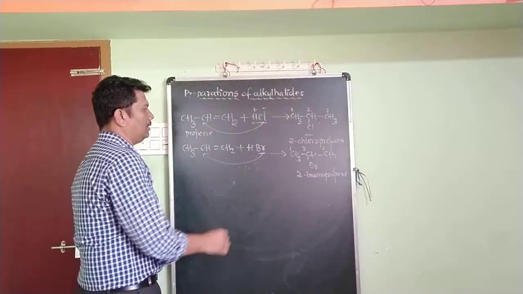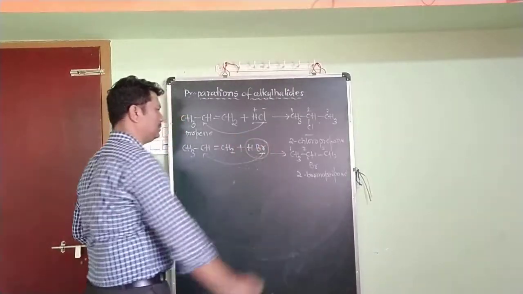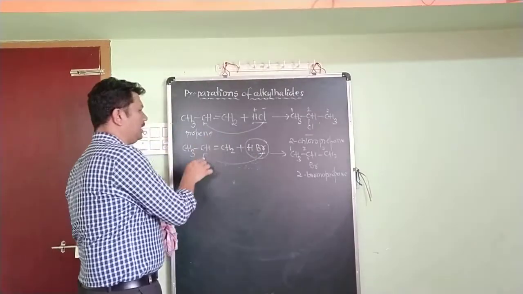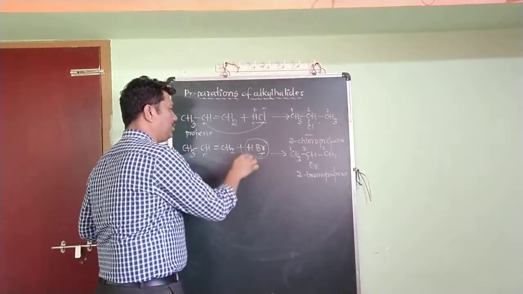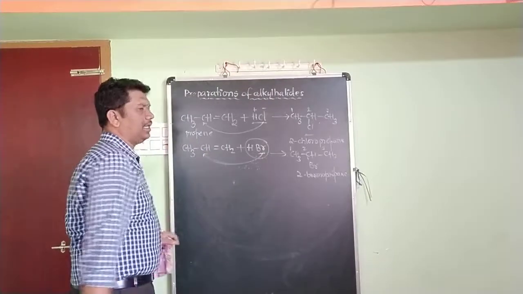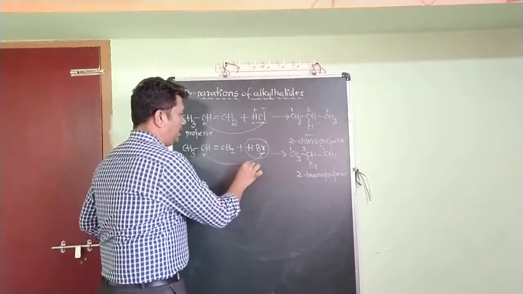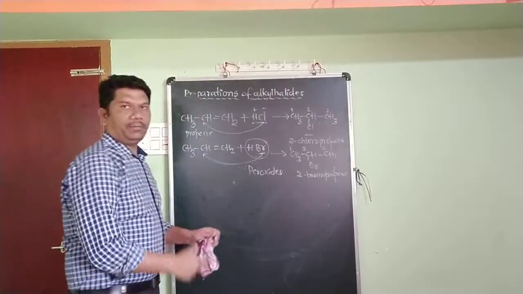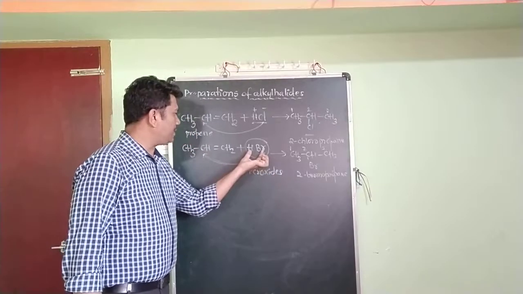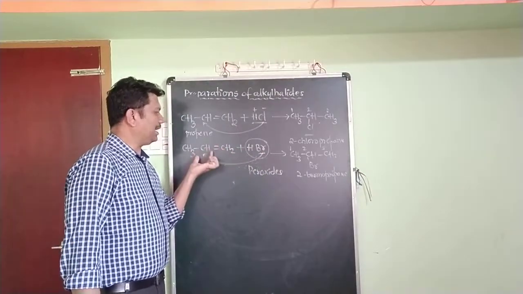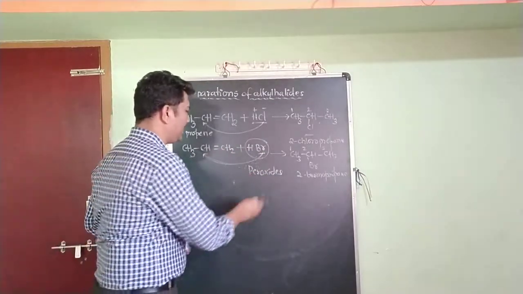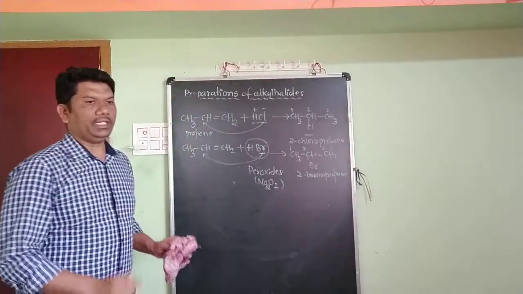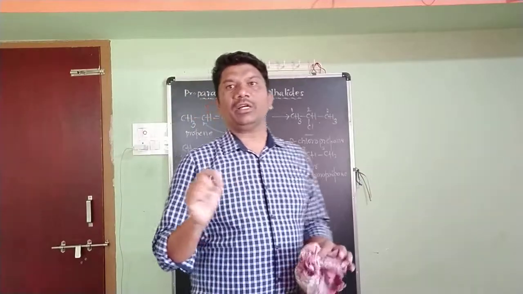But the addition of HBr to asymmetric alkene in presence of peroxides. I'll repeat the statement. The addition of HBr to asymmetric alkene in presence of peroxides like Na2O2 follows anti-Markovnikov's rule.